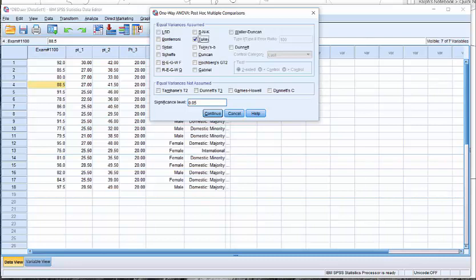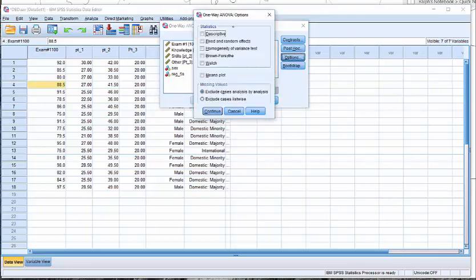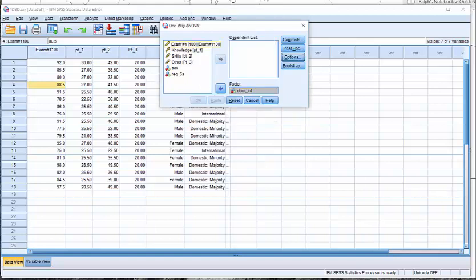So I ask you to click on Tukey under equal variances assumed, and we'll click on continue here. Let's see under options if there's anything else here. We can ask for descriptive statistics, you see, if you want to. And let's click this exam one back over here. So now we would just click OK.